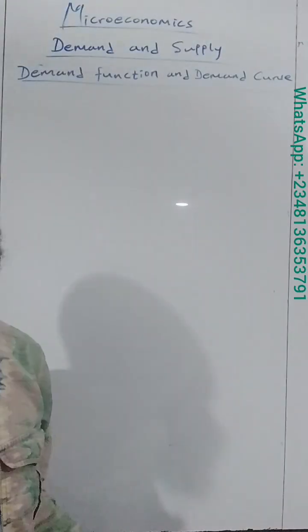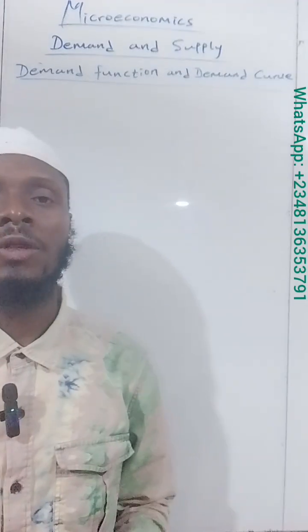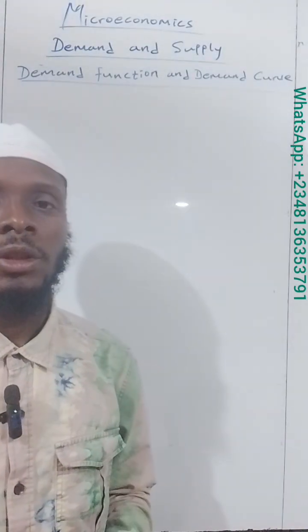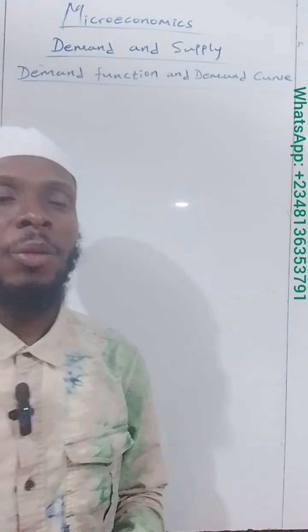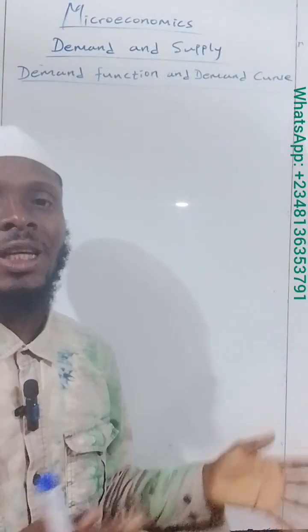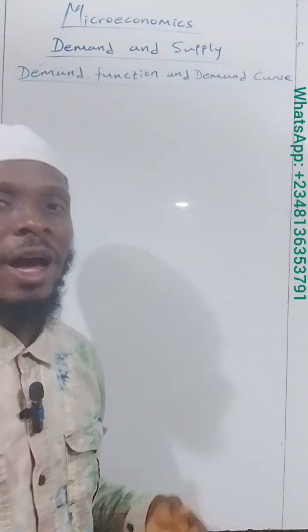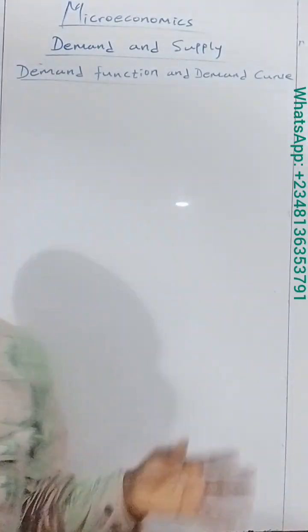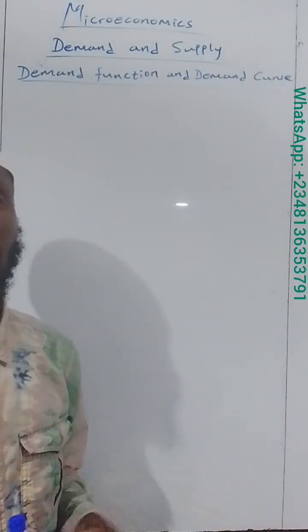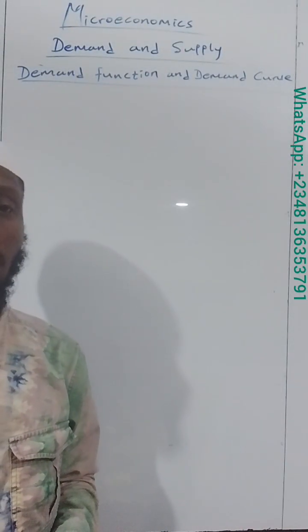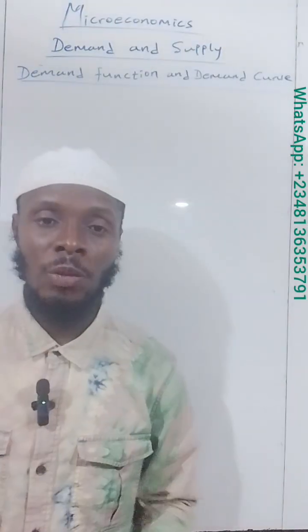If you know that the quantity demanded depends on the price of the commodity, from this law of demand, we always use the phrase ceteris paribus, meaning that all other factors that can influence demand are held constant. We assume other factors do not change except the price we are dealing with. Therefore, you have to take note of this point.